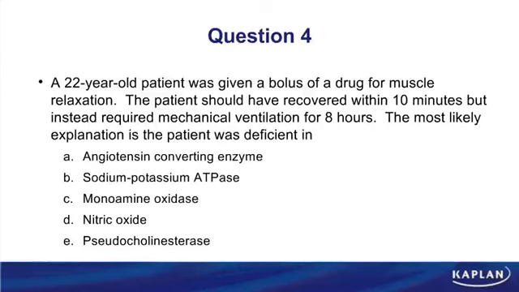Well, think about the drug. Given a drug for muscle relaxation and should have recovered very quickly, perhaps this is the drug succinylcholine. But the patient did not recover quickly because they were deficient in pseudocholinesterase. Choice E, that's the enzyme that metabolizes succinylcholine, giving it a short half-life.